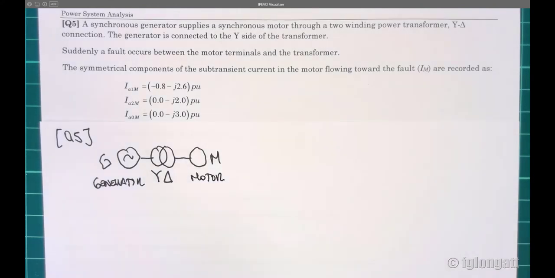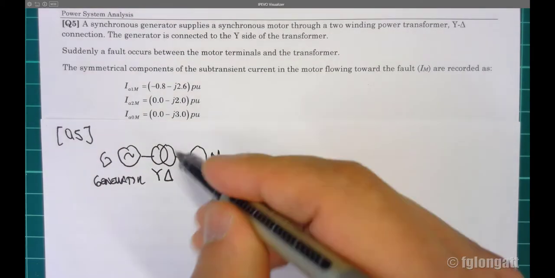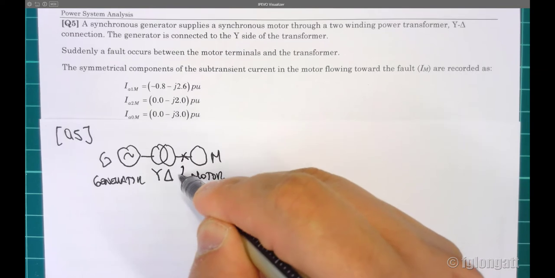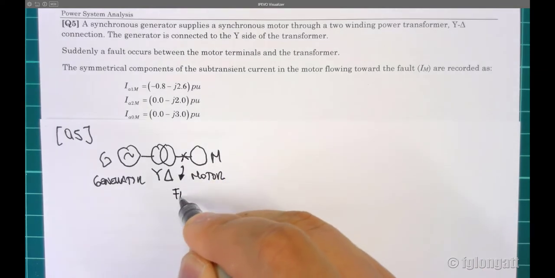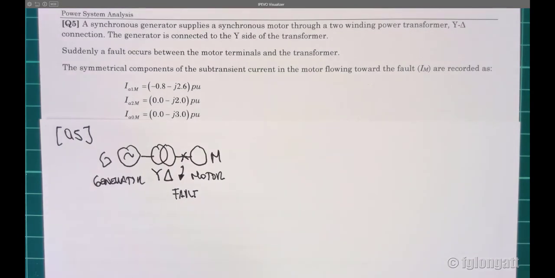Then they say that suddenly a fault occurs at the terminals of the transformer. We don't know what kind of fault that is; it's something that we need to investigate.